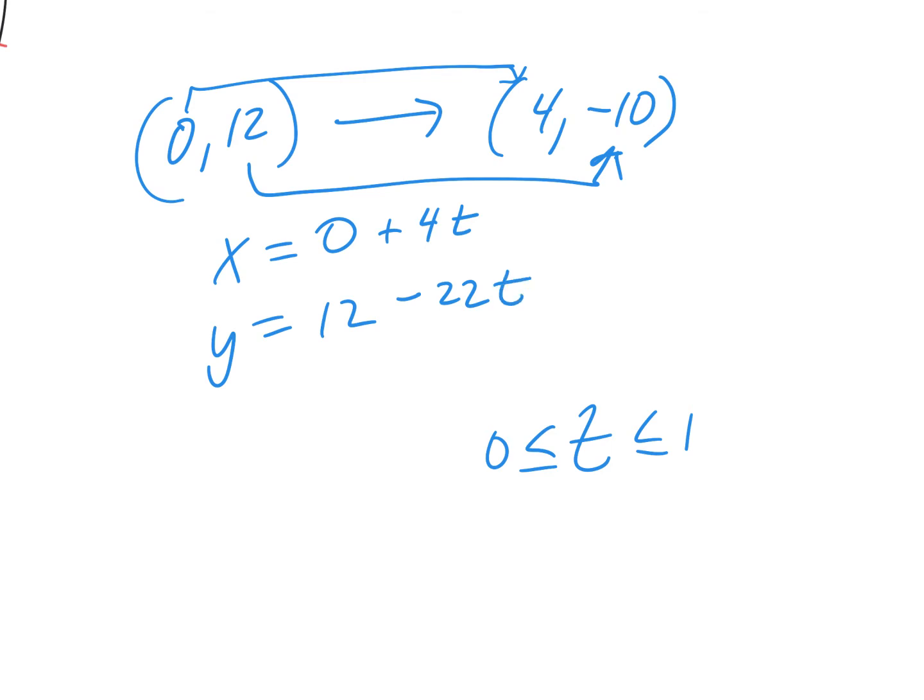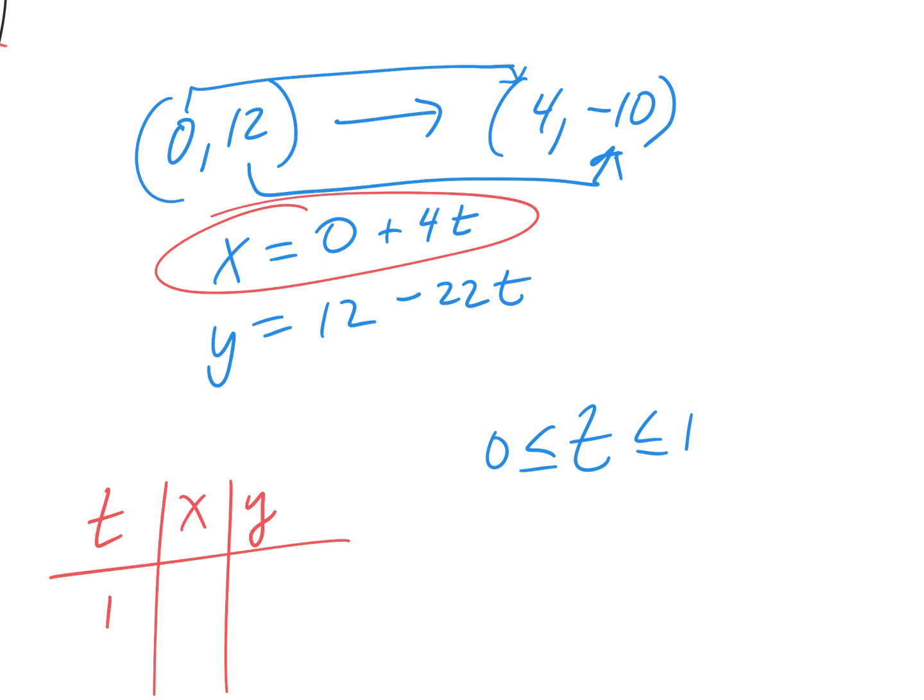Now, if you are smart, you would check yourself with a txy table. Everybody just put in the 1 on the txy table. Act like it's a different problem. You're just putting a 1 in and just see what happens. You put a 1 in here, you should have got 4. So 1 goes with 4. This is time 1.